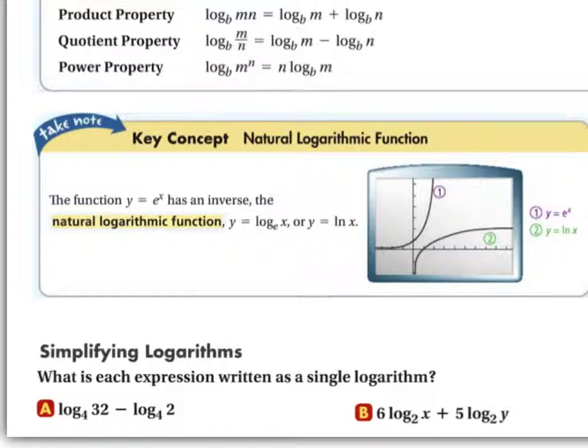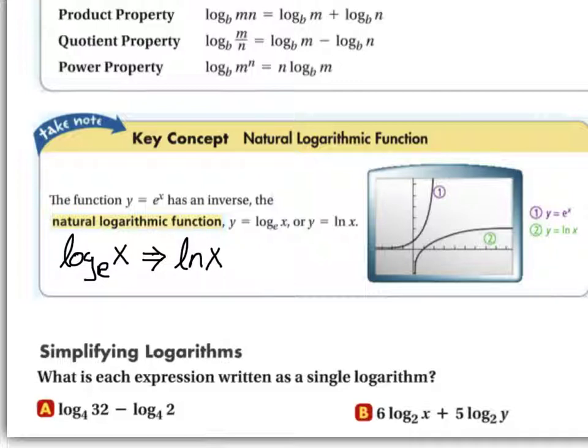So therefore, log base e is now the natural logarithm. So the big thing you need to know here, the only thing that really changes for you, is that if you see, actually you won't see it written this way, but you need to know that log base e of x is written as ln x.